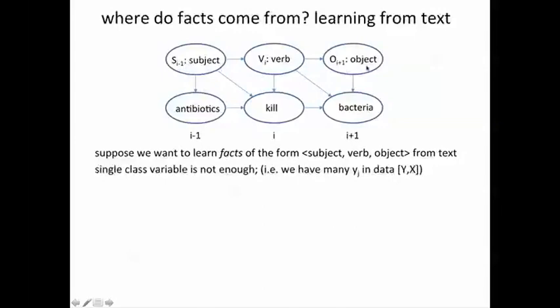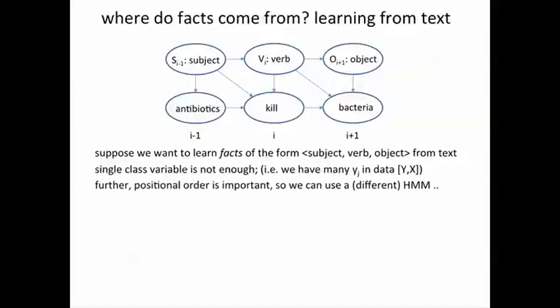In the language of the unified formulation of learning that we did last time, we have many y's in the y comma x data when we looked at learning from the perspective of f of x, if you remember that. In addition, one needs to deal with positional order. So we can use a different graphical model, like the hierarchical Markov models or other types of models that look like this.